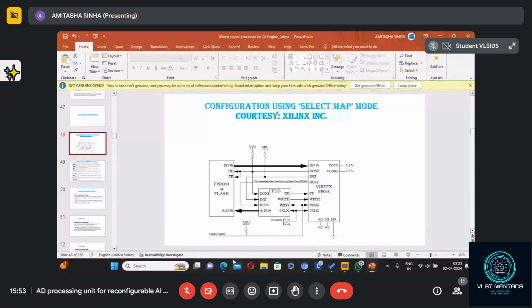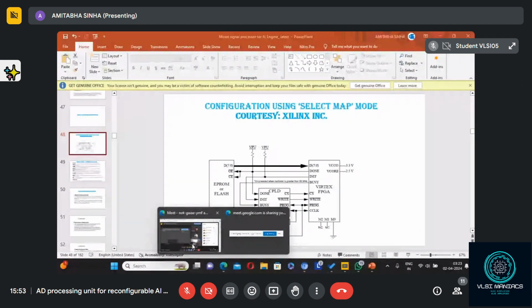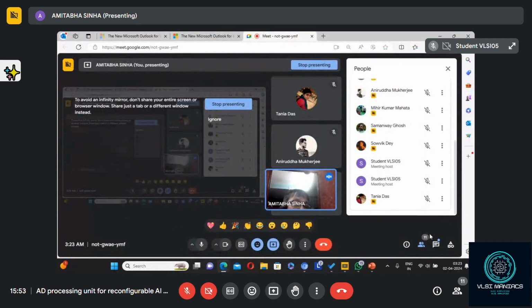Now, again the question is, when we design computing systems, we require a CPU, a memory, and some I/O devices. So these are the traditional conception about digital computer systems.